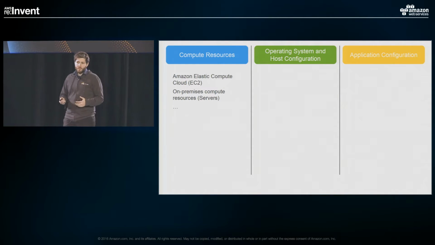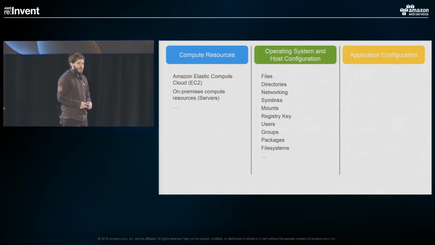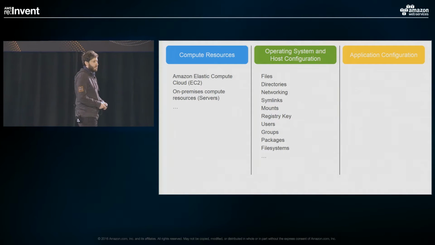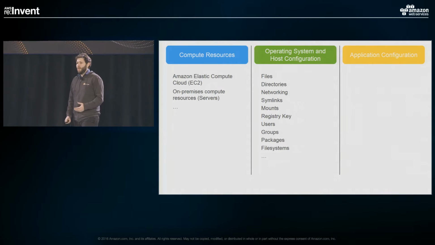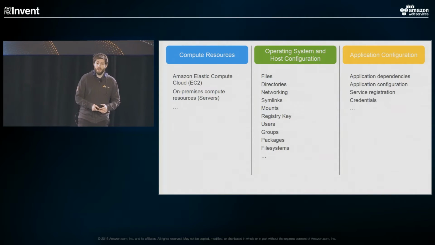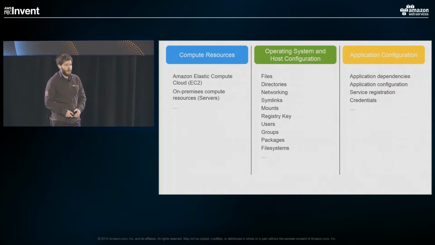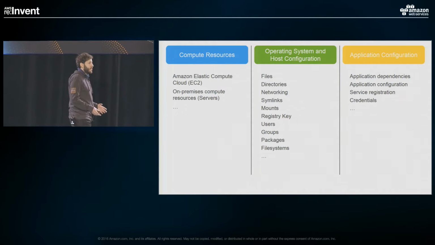So after I provision some compute resources, I probably want to go ahead and do some configurations. I want to create files, directories, define networking settings, symlinks, mount points, registry keys, and the list goes on and on. All so that I can support my application, which even by itself has its own dependencies and its own configuration. But let's assume I've done all of this and I have my application up and running.